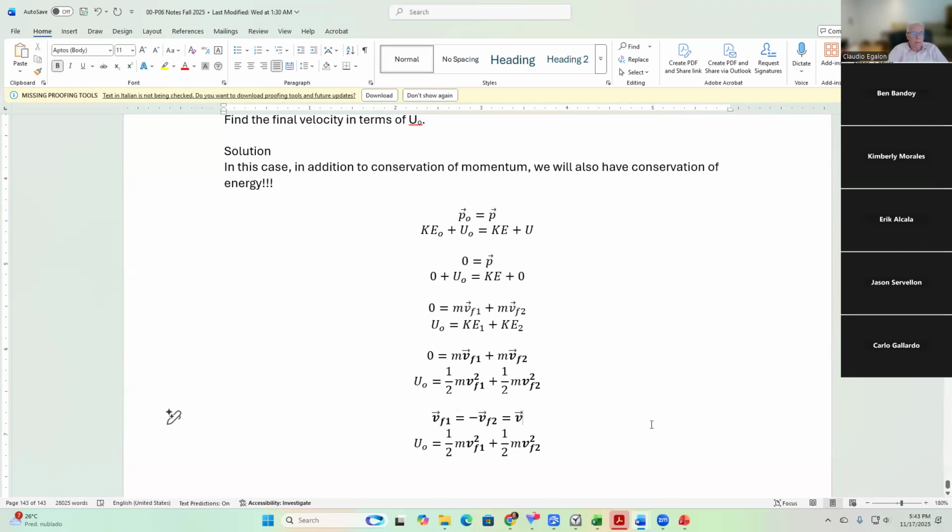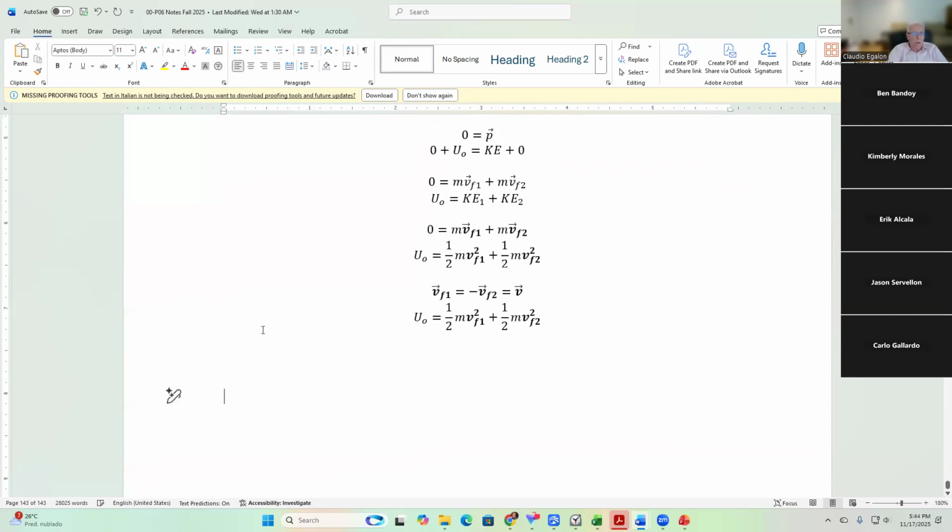Put equal to V. And now that we have a relation between V final 1 and V final 2, we can use it right in here. V final 1 is V. V final 2 is minus V.